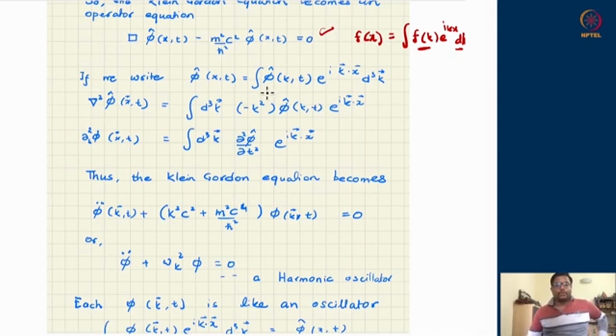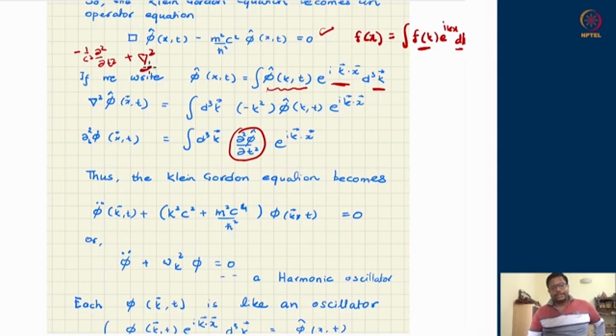The time part is only present in the phi of k, t. There is no time dependence in the exponential, nor in k. So the double derivative with respect to time will only hit this part, del 2 phi upon del t square. And remember, the definition of box was minus 1 over c square del 2 upon del t square plus the Laplacian.